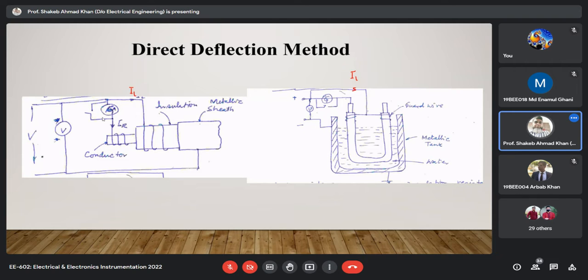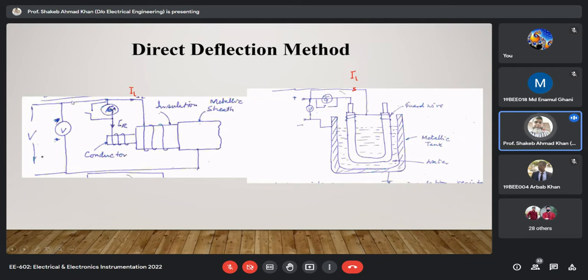If your insulation is good, then you don't expect more than microamperes, and that too happens only if you are applying a very high voltage here. So it is either a galvanometer or a microampere meter, and then this circuit is completed.